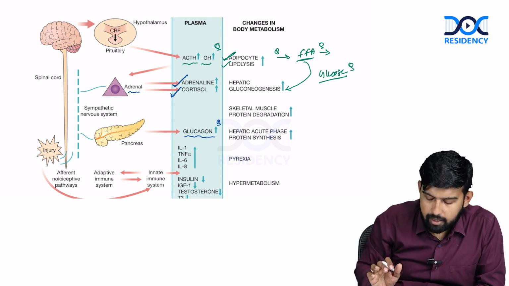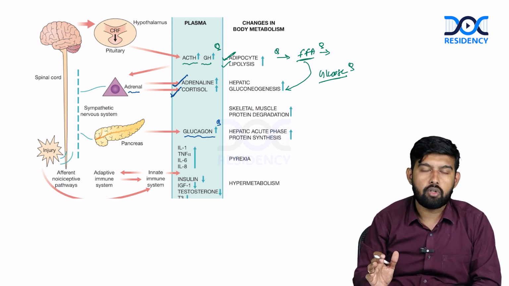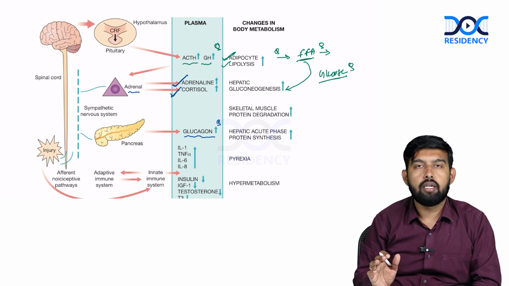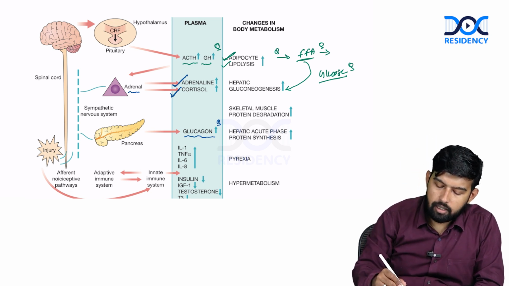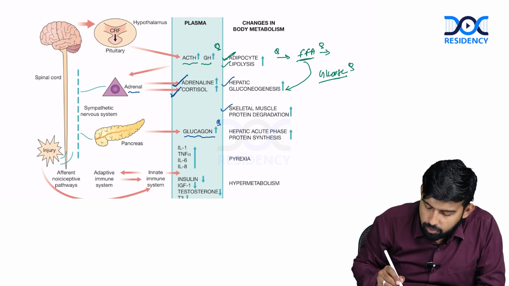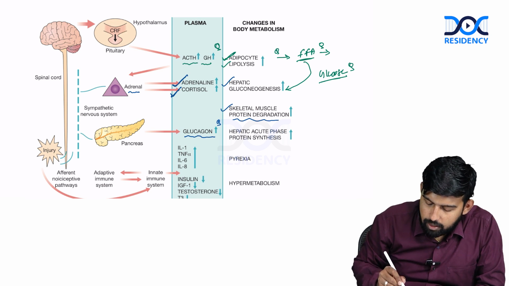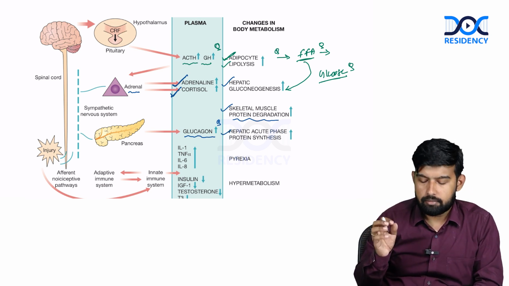So adrenaline, cortisol, glucagon and growth hormone are the stress hormones which are increased after the injury or trauma, and they cause an increase in hepatic gluconeogenesis, skeletal muscle protein degradation, and hepatic acute phase protein synthesis like CRP.